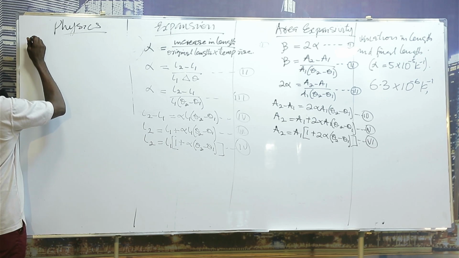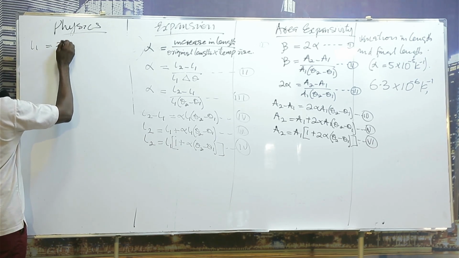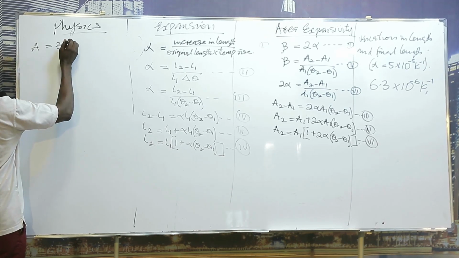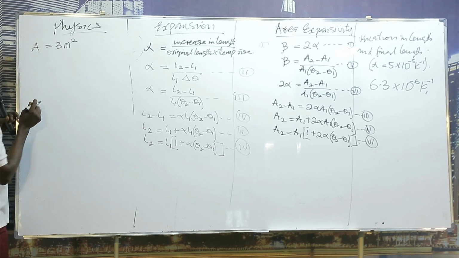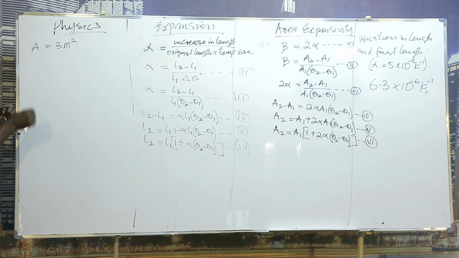Original length, initial length is what? 3 meter, sorry, area. Please remind me what we were asked to calculate. Increase in area. So the first one given to you is 3 meters square. Next one.